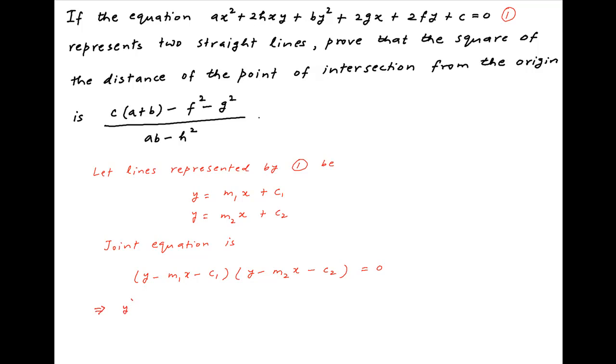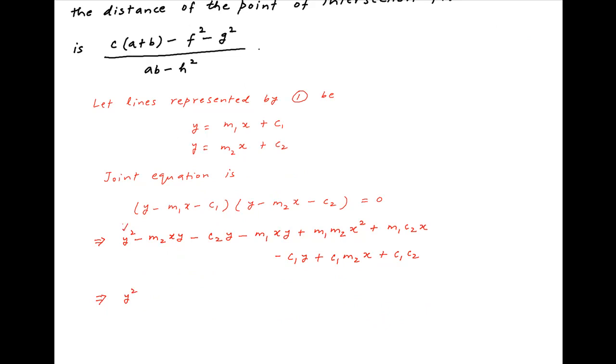This can be written as y² - m2xy - c2y - m1xy + m1m2x² + m1c2x - c1y + c1m2x + c1c2 = 0.